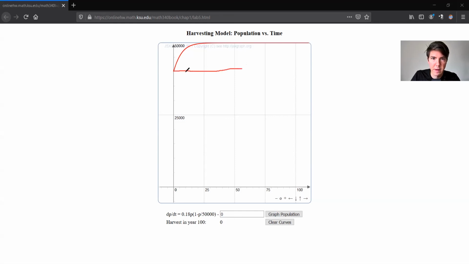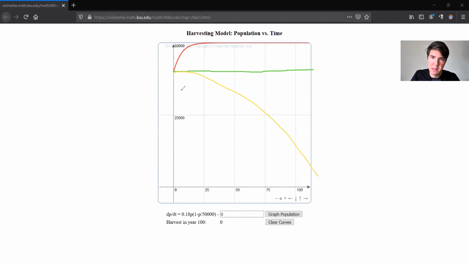I'm trying to draw a straight line across, but the mouse is hard. So we want to get something like that. That would be good. Actually, let me put that in a different color. So we want to get something like this. That would be good. What we don't want to have happen is something like this. We don't want it to go down like that.